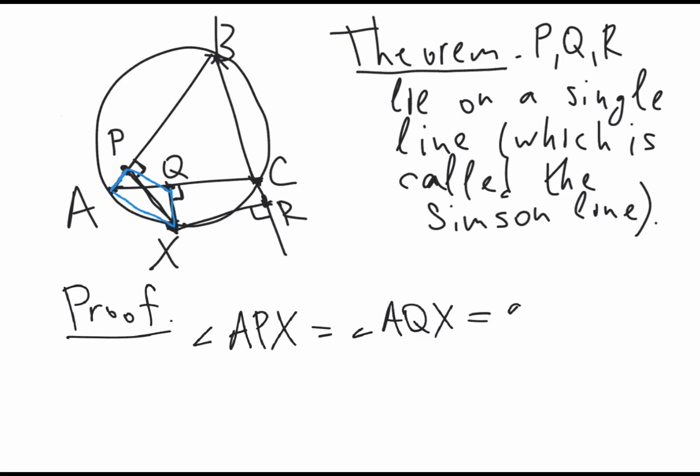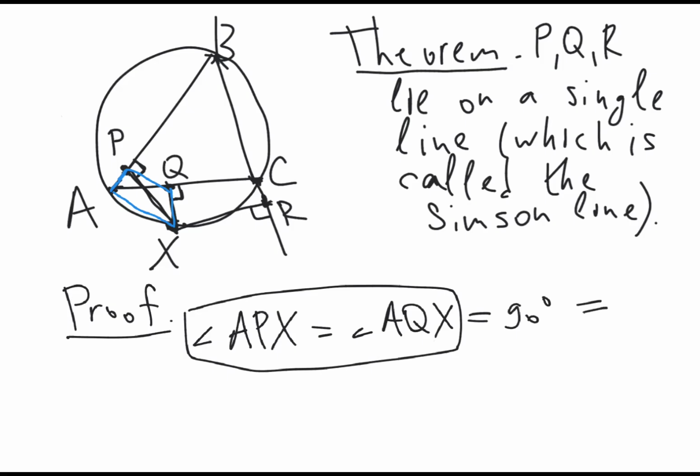Both of them are equal to 90 degrees, but this doesn't matter in this particular case. What is important is that these two angles are equal to each other, and this is one of the criteria of a cyclic quadrilateral.